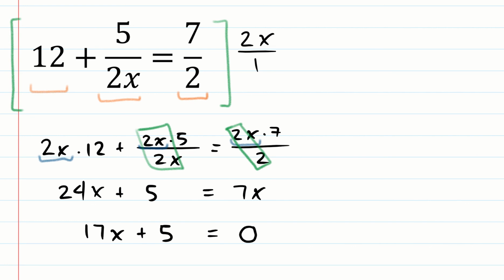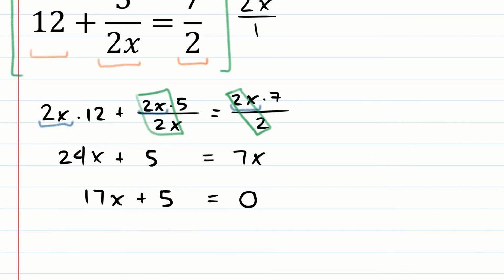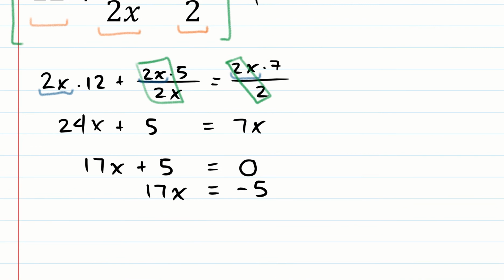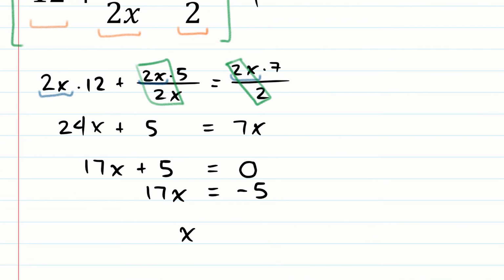One of the sides is just 0 now. Now I'm going to subtract 5 from both sides. There was a 5 on the left, I subtracted it. Now I'm subtracting 5 from the right hand side. And finally, I'm dividing both sides by 17. My answer is negative 5/17.